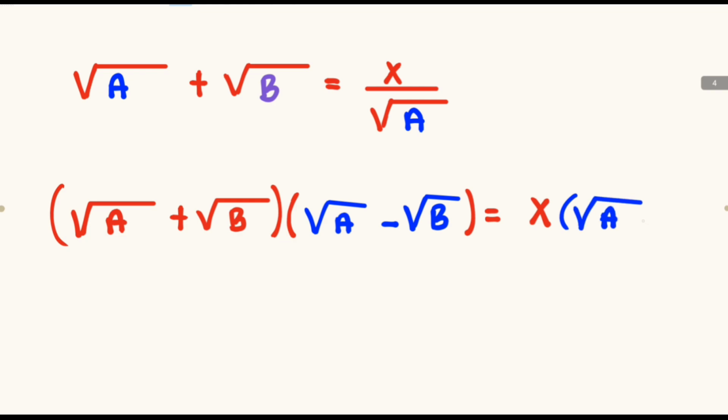the square root of a minus the square root of b, and this is divided by the square root of a.